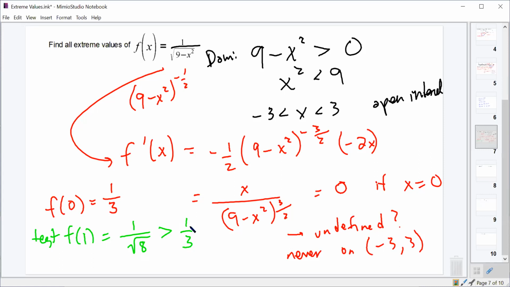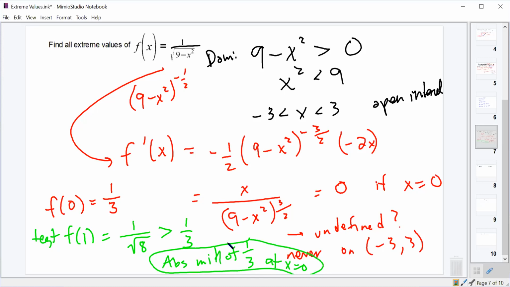So can 1/3 be an absolute maximum? No. So it should be an absolute min of 1/3 at x equals 0. That's one way we can check, and we're going to see another way to check maybe later today, depending on how much we get through.